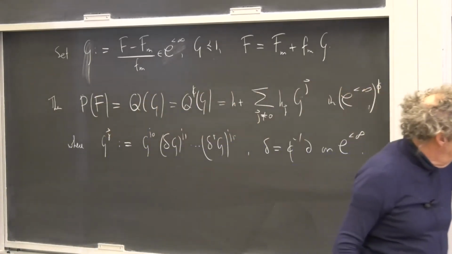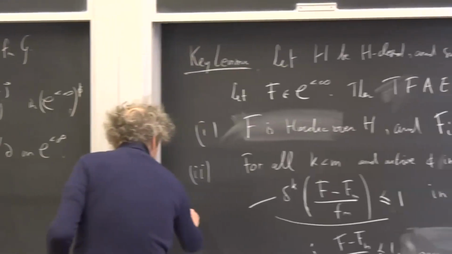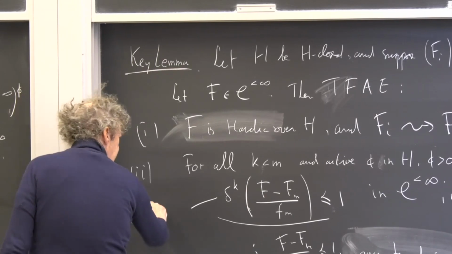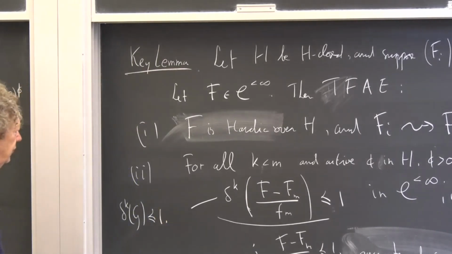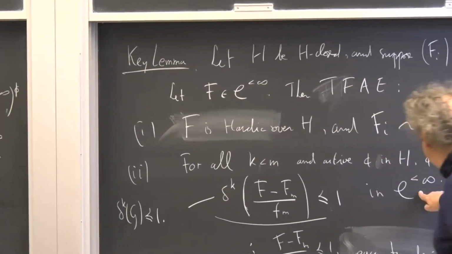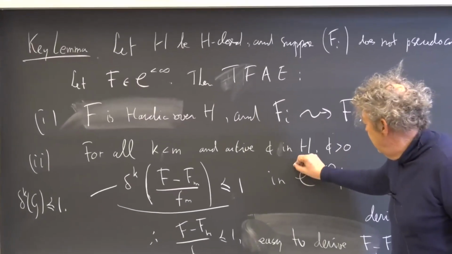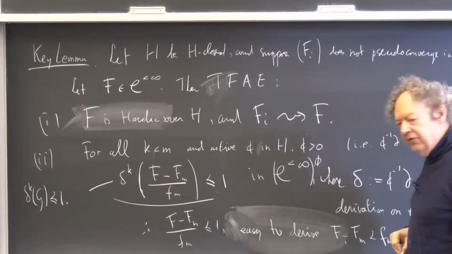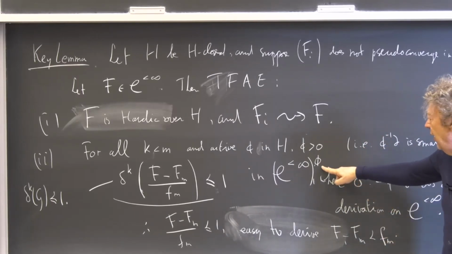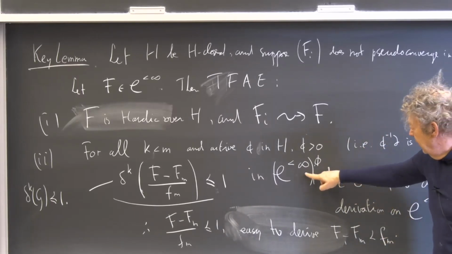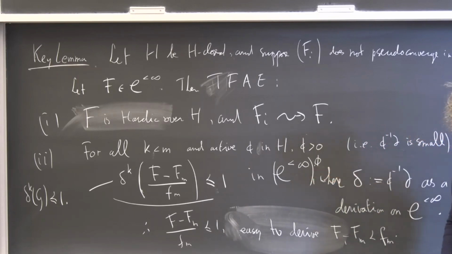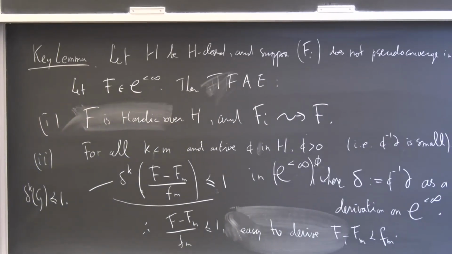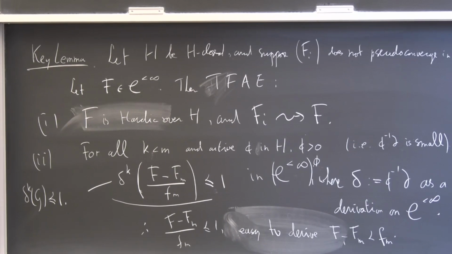But what does this say? This gives you delta^k of G bounded. Here again I wrote C less than infinity, but if I wanted to be a little bit more accurate, I should say that because the derivation I'm using is delta, I'm working in this differential ring rather than in C less than infinity with the usual derivation. Okay.